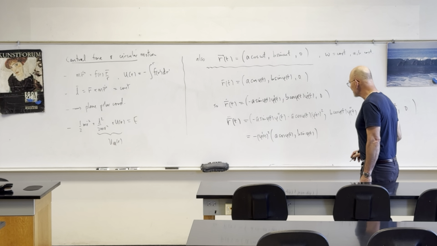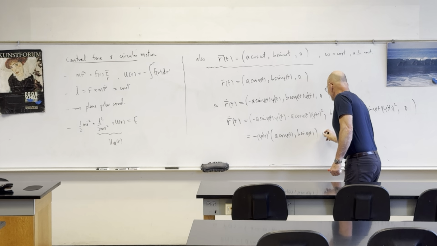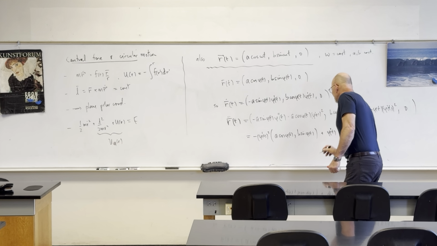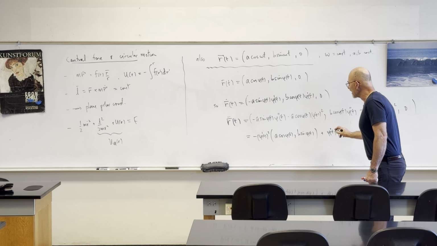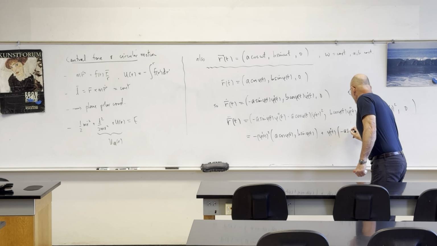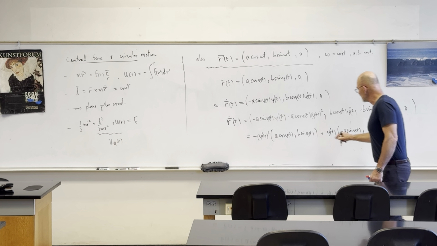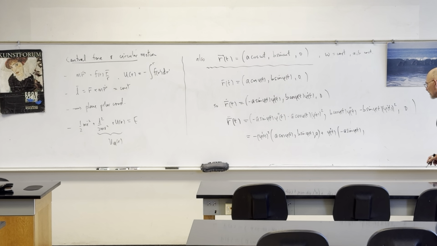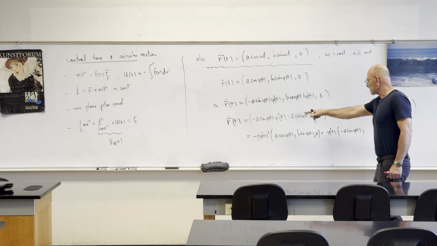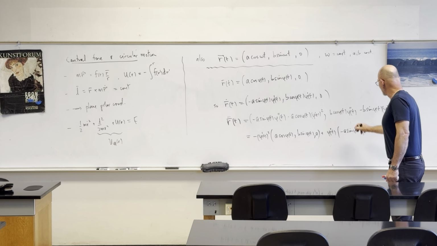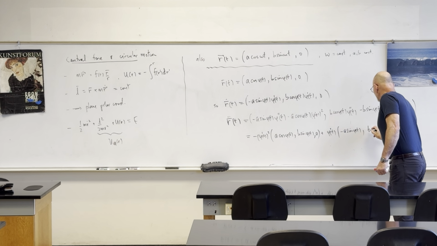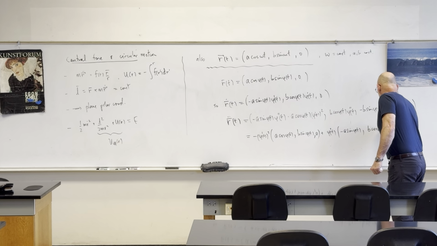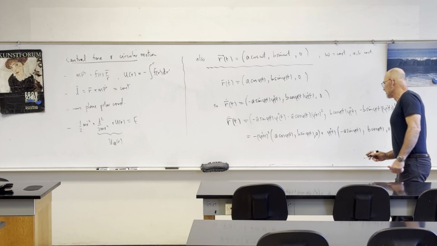And what's my second vector? I'm going to do plus phi double prime of t, pulling that out here, times minus a sine phi of t, b cos phi of t, and 0.